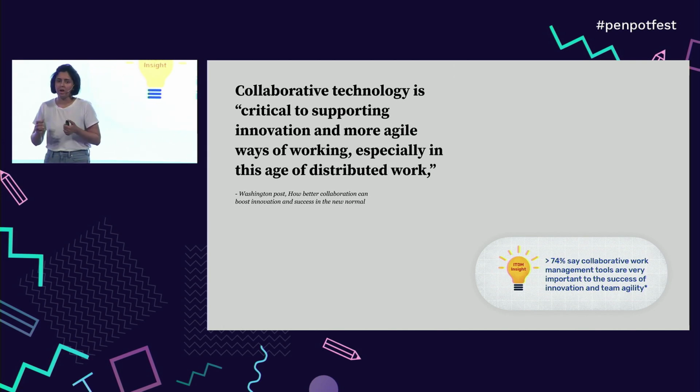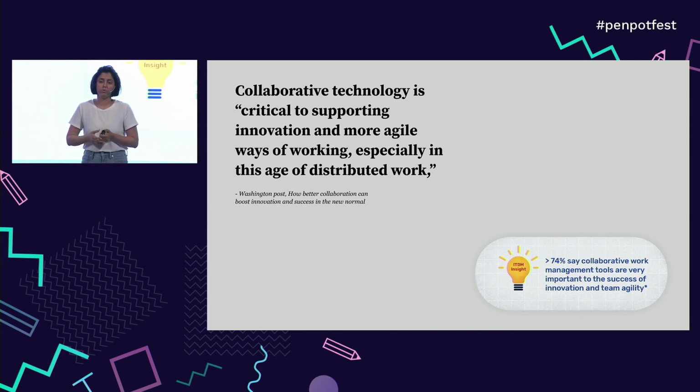So it's not all happening in the meeting rooms, and they want to make sure that whatever goes behind making those decisions is well documented and available for everyone to look at. So the importance of collaborative technology hasn't gone away with the pandemic, touch wood.